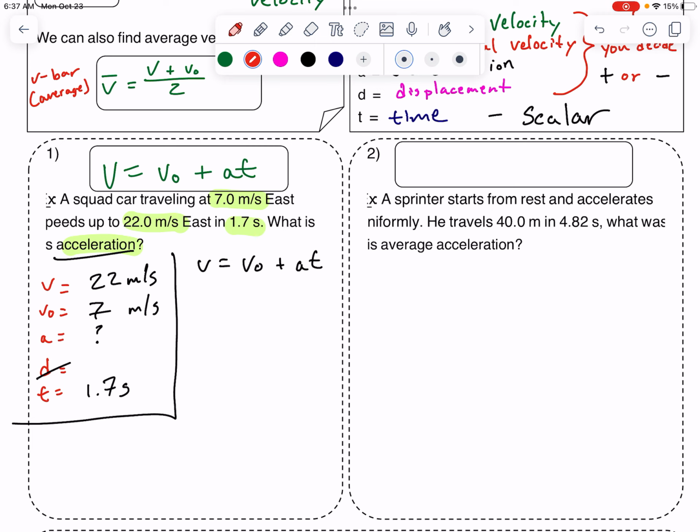We know that our value for final velocity is 22. For initial velocity, it is 7. For acceleration, we don't know that, but we do know time.